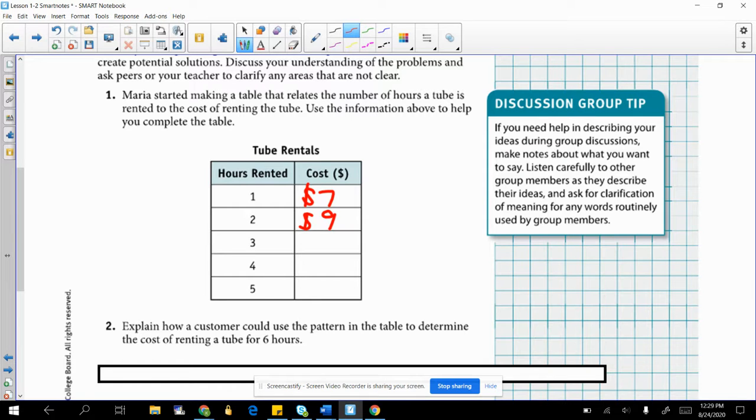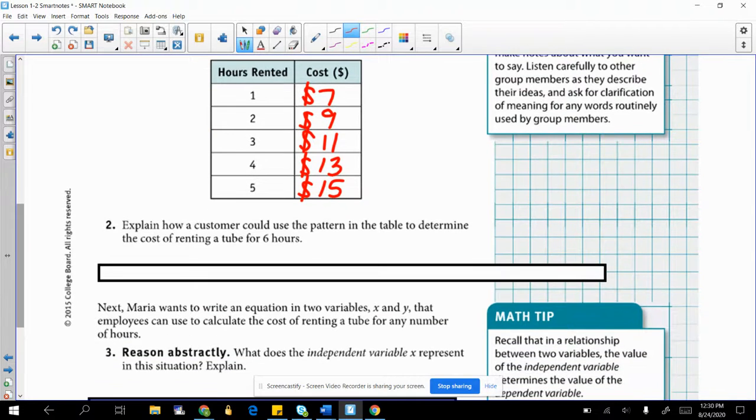So $9. 3 hours, add another $2. So $11. 4 hours, add another $2, so $13. And 5 hours, add another $2, so $15. Okay, so that's what your table should look like there.